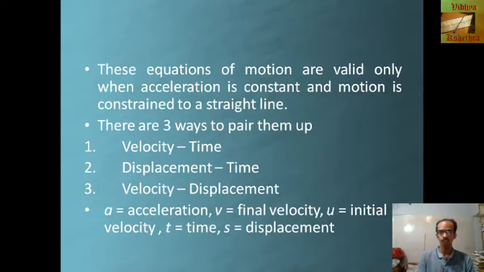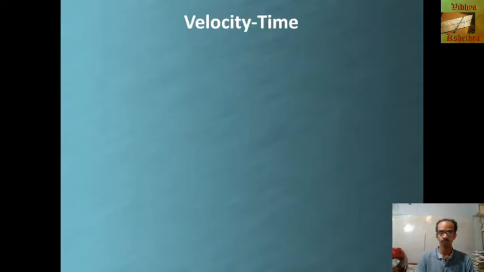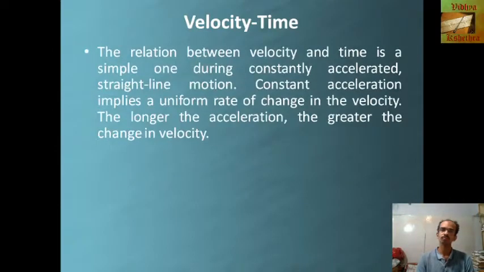Now let's see the first equation of motion, that is the velocity-time. The relation between velocity and time is a simple one during uniform accelerated straight line motion. That is, there is always a constant uniform rate of change in the velocity. That is, the longer the time, the greater the change in velocity.